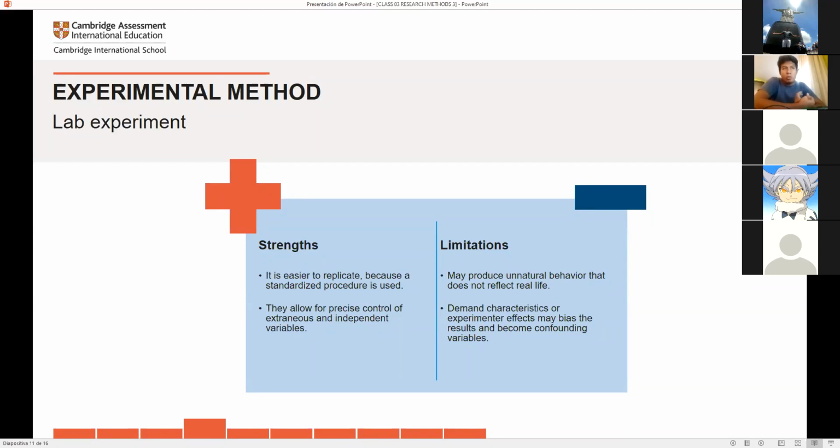We cannot control it, or we didn't notice them until after the experiment. And the demand characteristics are the variables that we modify, one control variable that may lead the participant to know what I want to do with it. So it changes the behavior of the participant.